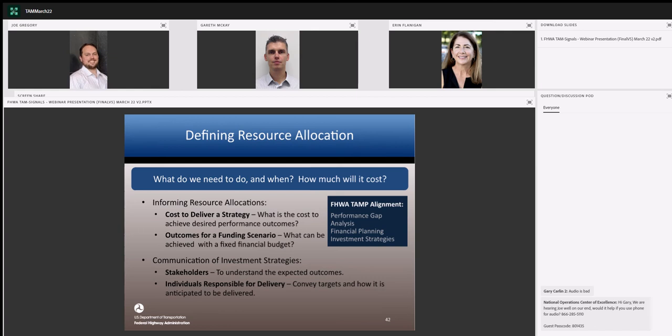And once resources are assigned or set, it is important for those that are responsible for delivering the outcomes to understand those targets and how that may change the approach they have in terms of managing those assets. If we don't clearly communicate that, then people will just keep doing what they've always been doing, and the outcomes may or may not change.